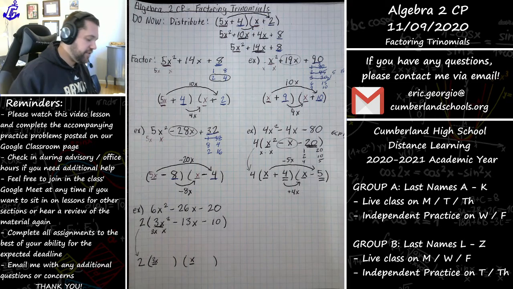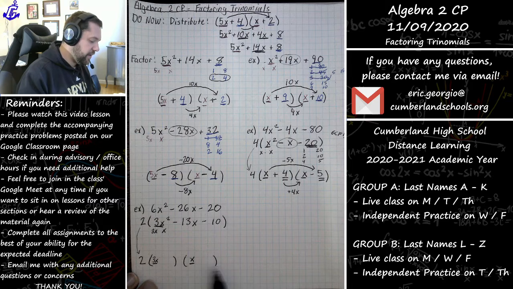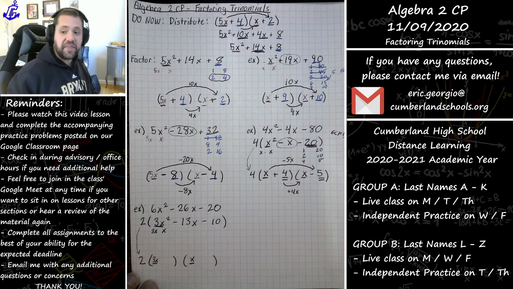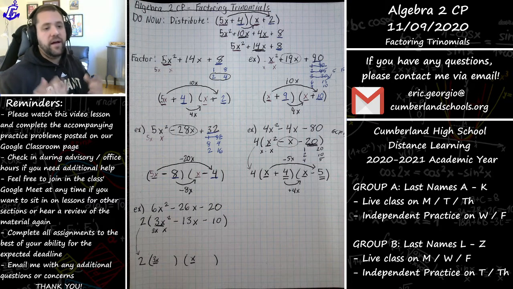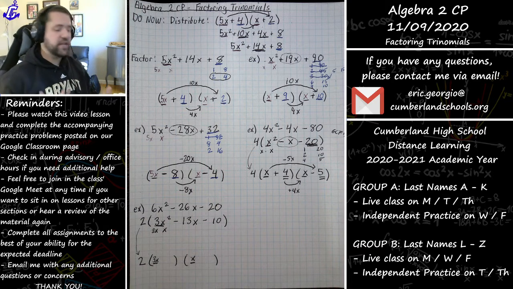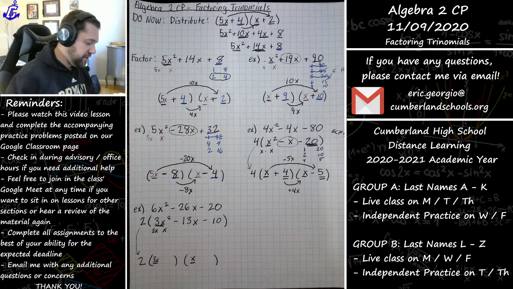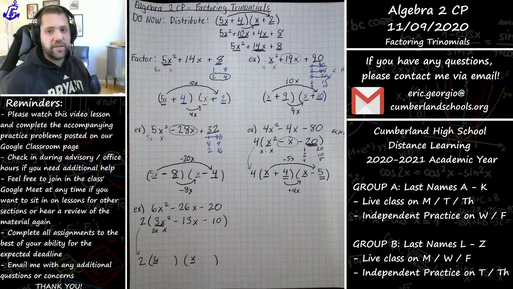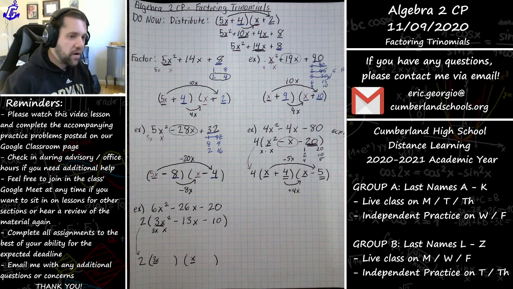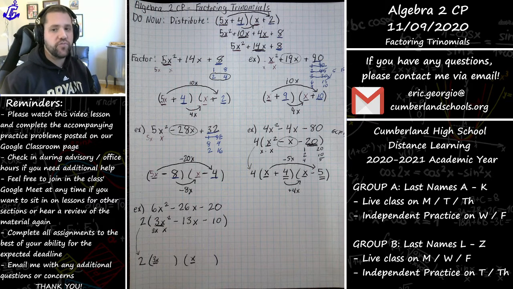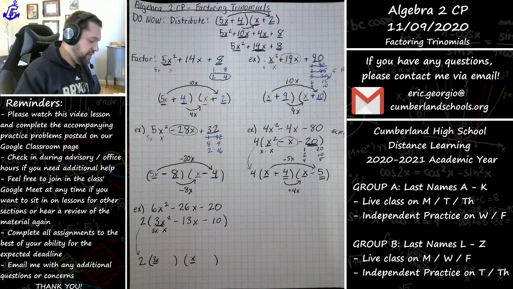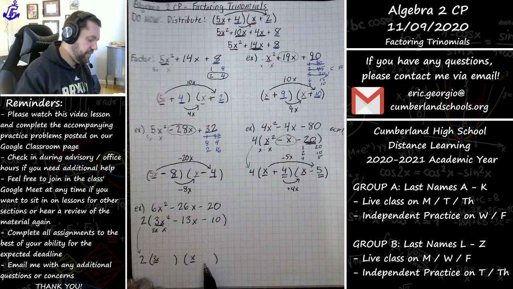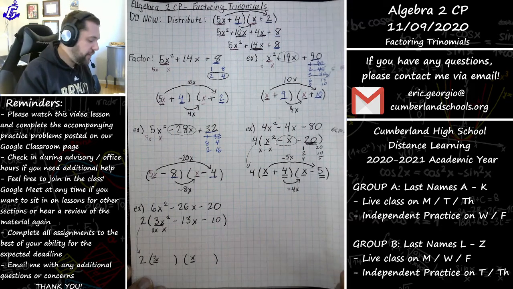Think about the last term now. We know the last two numbers are going to come out to be that negative 10. The fact that it's a negative means that I'm going to need 1 plus and 1 minus, right? How do you know which is which? Well, that's a great question. The short answer is you don't. But the longer answer is that you can sort of increase your odds of getting that right, taking that guess of is this plus or is this minus, by looking at my goal in the middle.